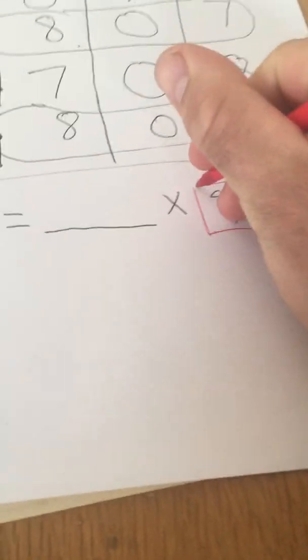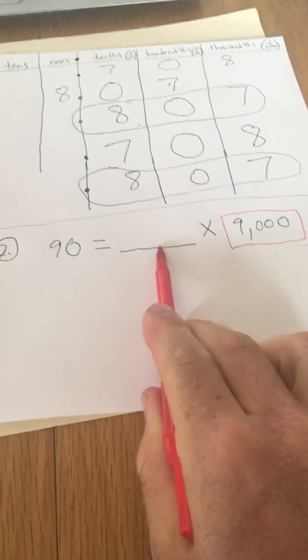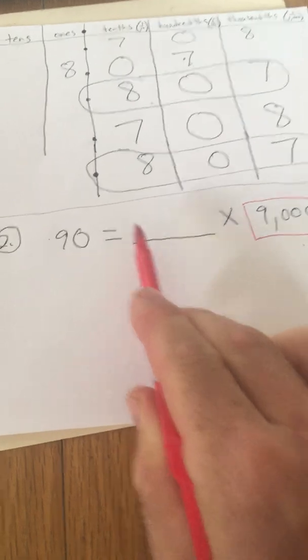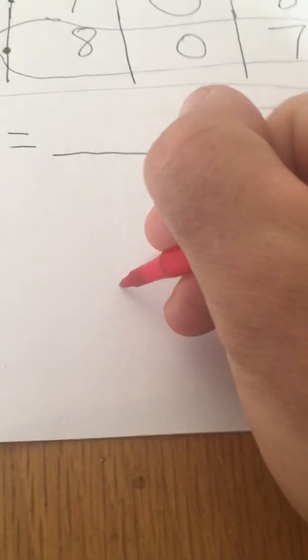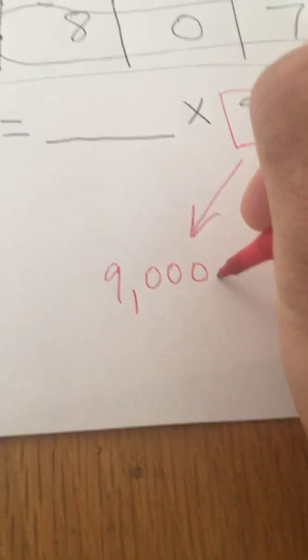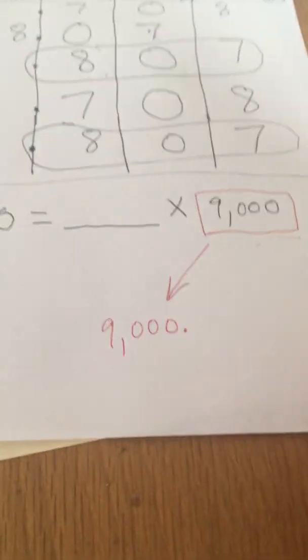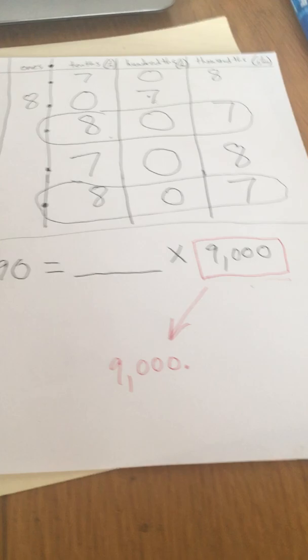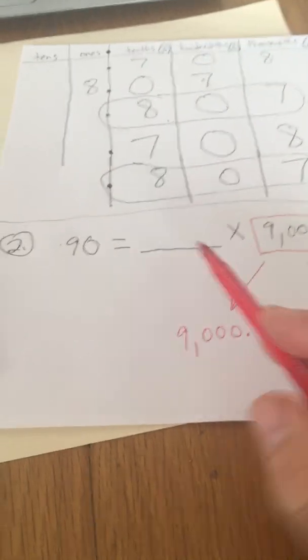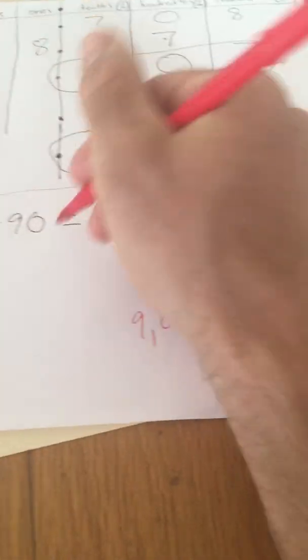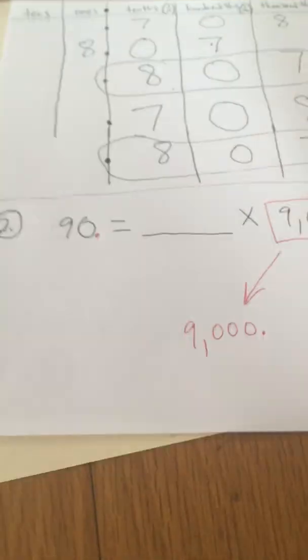We're starting with this one because this 9,000 is the one that we're going to multiply. And when we multiply it, it's going to get over to 90. So we're going to start here. I'm going to kind of do my work here. 9,000. The decimal point is after the last 0. Okay, so what am I going to multiply this by so that the decimal point moves to here after the 90?